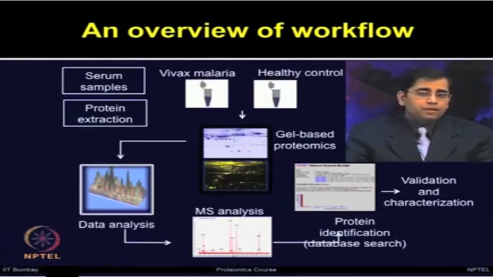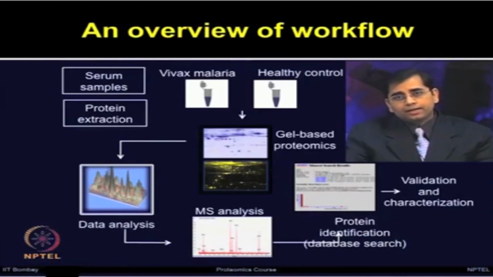by applying gel based proteomics, including two-dimensional electrophoresis and difference in gel electrophoresis. We separated a large number of proteins on the gels, compared the data, looked for those proteins which are significantly differentially expressed in vivax as compared to the healthy controls, and then those proteins were subjected to mass spectrometry analysis.